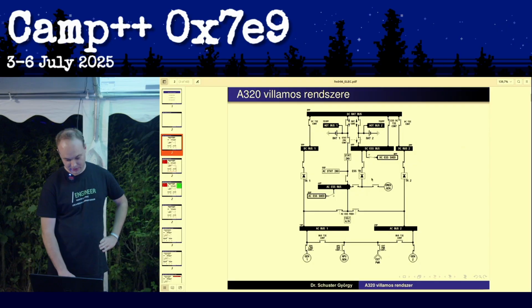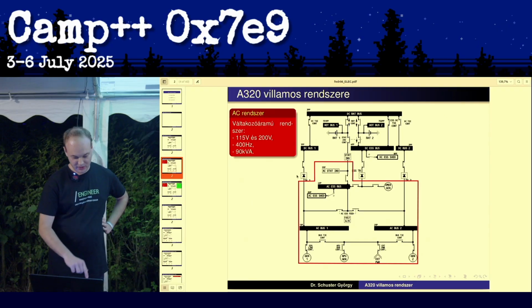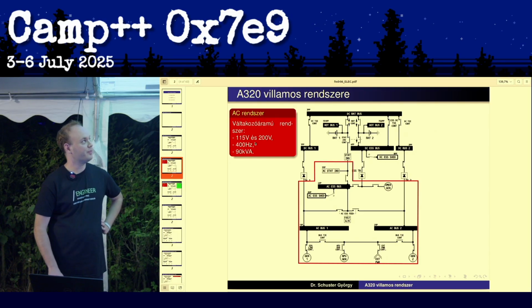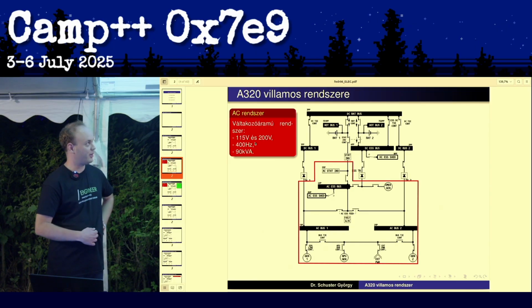So there are two transformers. I forgot that this is here. All of them are 90 kilovolt amps. It says 200 volts also, but in pretty much all cases it's a 115 volt system at 400 hertz, because that's a general frequency for aircraft power systems.